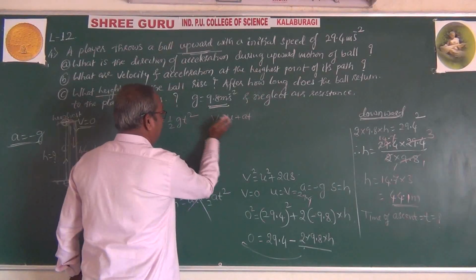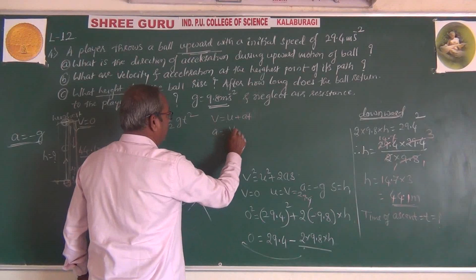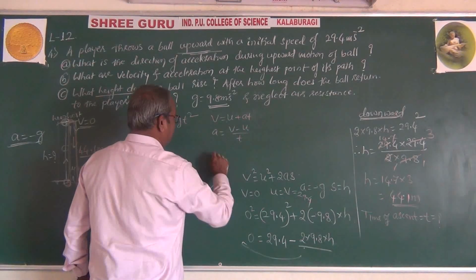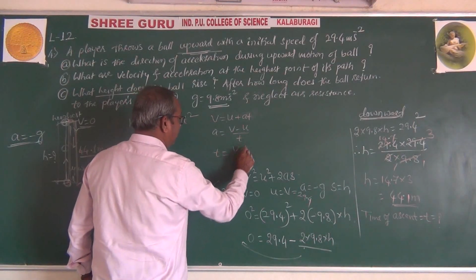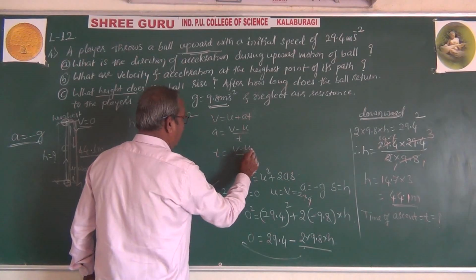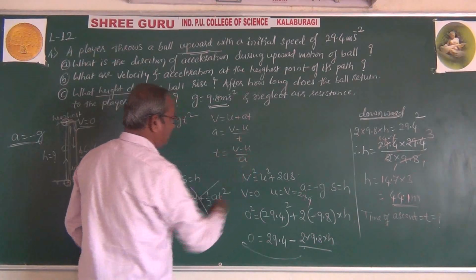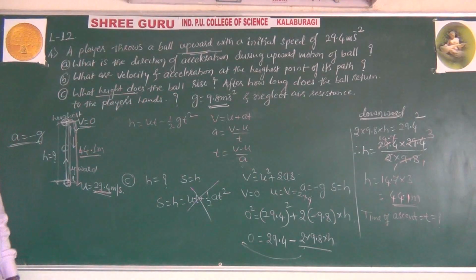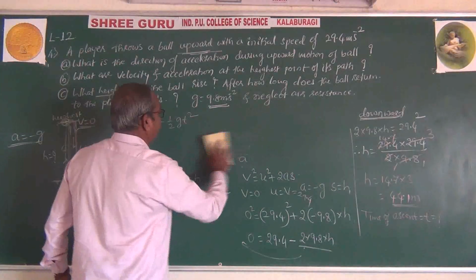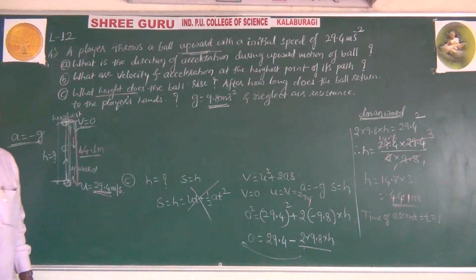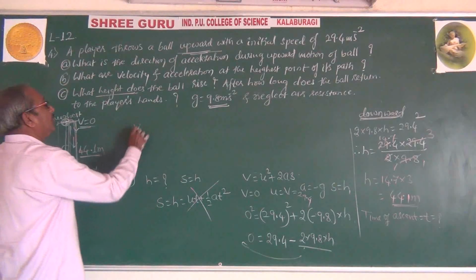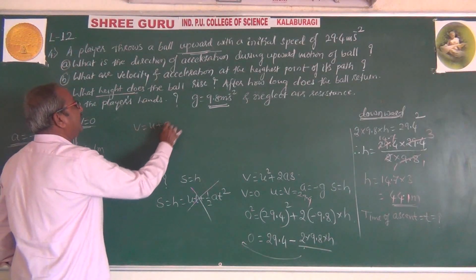Otherwise a equal to v minus u by t, therefore t equal to v minus u by a. This equation is also very useful and becomes very easy. Instead of that, use v equal to u plus at.